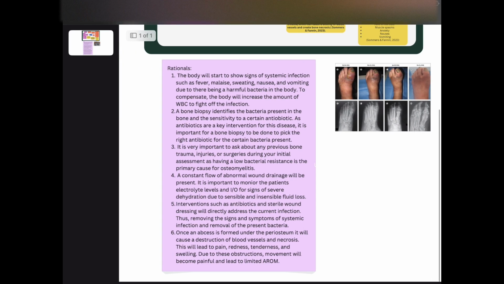And some interventions for that would obviously be making sure that they have adequate fluid, making sure that if they need electrolytes, the physician tries to order something via IV if they can't take oral fluids.